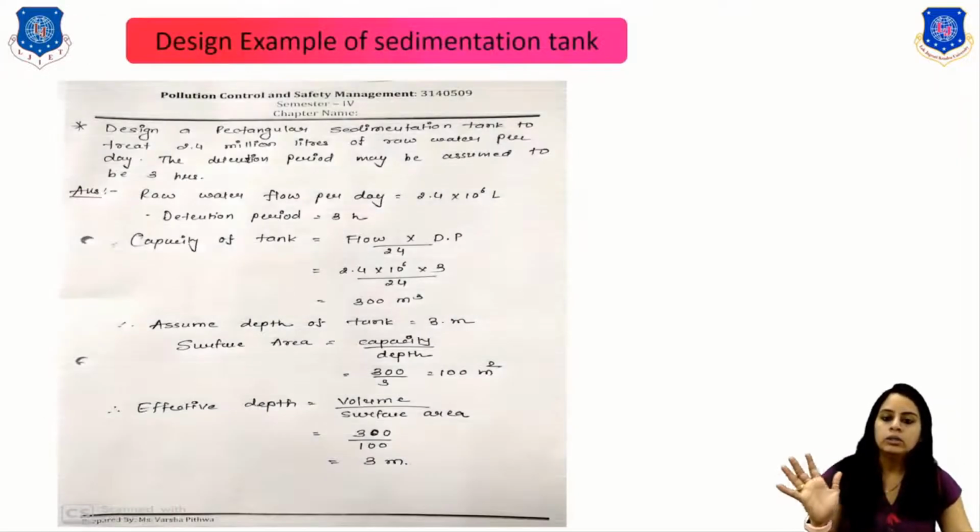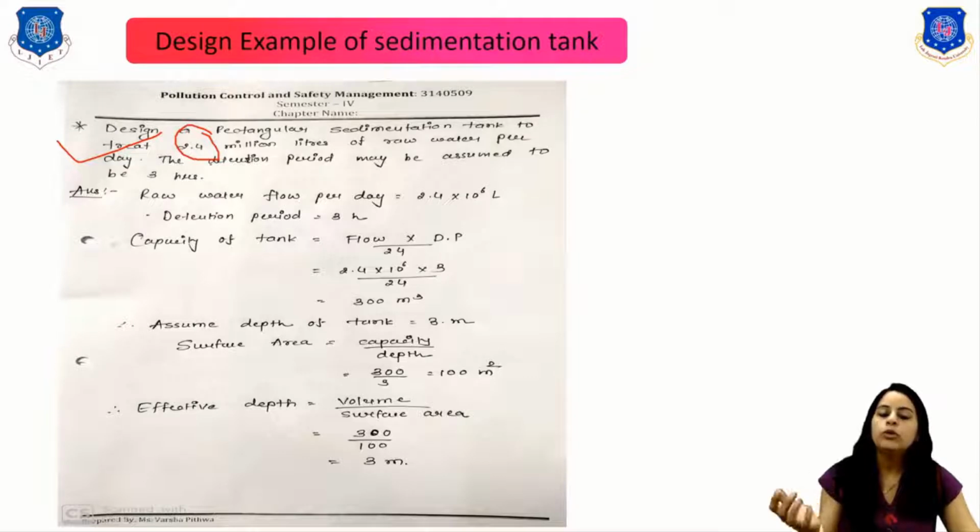Now on screen you can see the design example. The problem is to design a rectangular sedimentation tank to treat 2.4 million liters of raw water per day. The detention period may be assumed to be 3 hours.